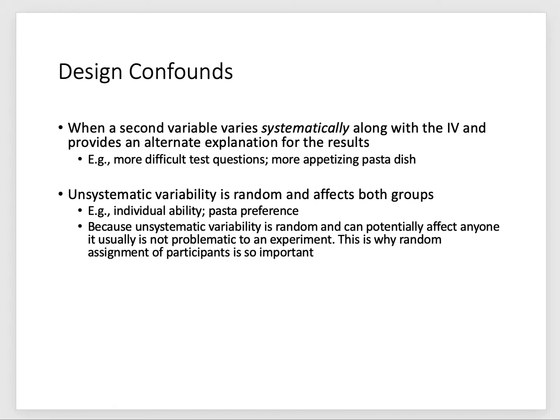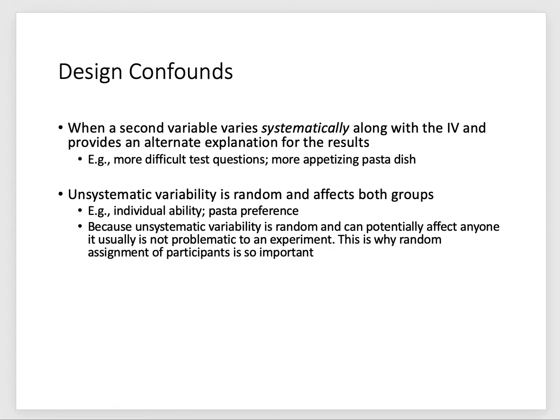Same thing with the pasta dish experiment. If people who received larger serving sizes or larger serving bowls of pasta were presented with a much more appetizing type of pasta, they may have eaten more because it tasted better, right? Or because they liked it more than maybe the other group who had a smaller serving size and got a really bland kind of pasta dish.